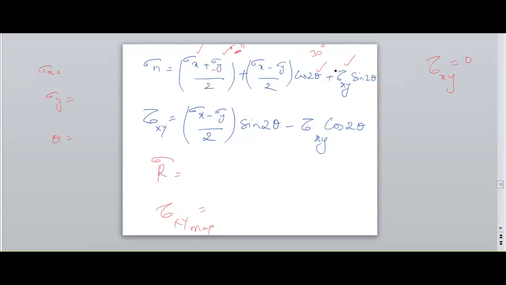Substituting all the values, sigma x equal to 200, sigma y equal to minus 100, and theta equal to 30 degrees, I can find the normal stress and shear stress on the inclined plane.